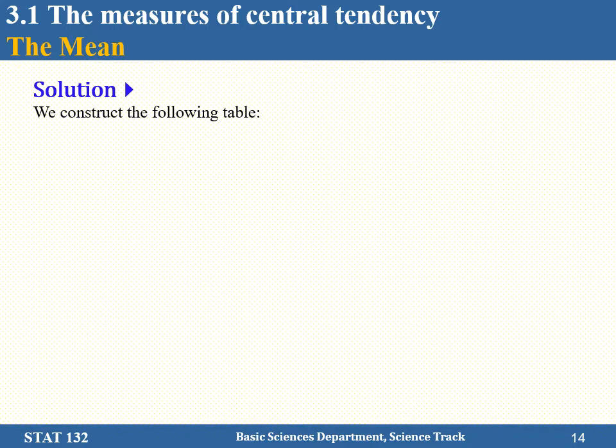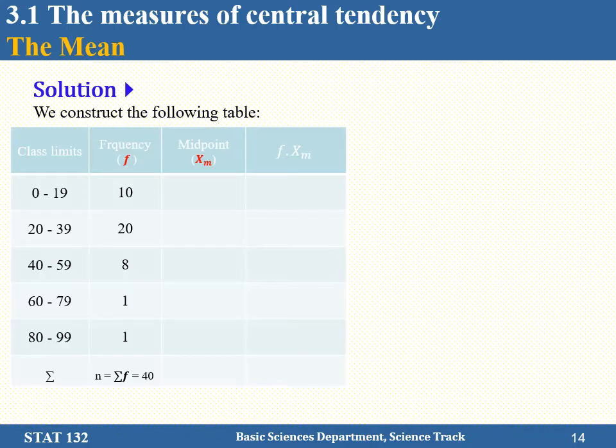First, we construct the following table so that we have the class limits that are given to us, and the frequencies are given to us. Now we have to use this formula for the mean: it will be the sum of the frequencies times the midpoints, divided by the number of frequencies.